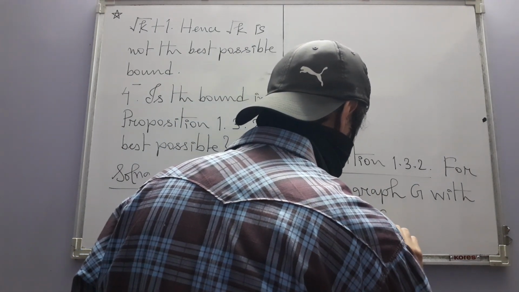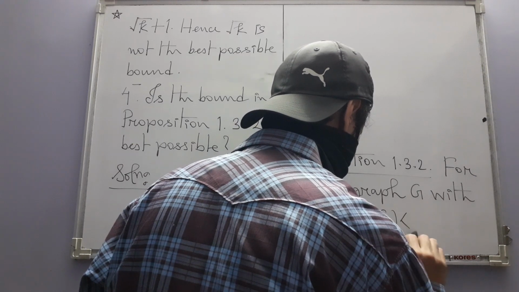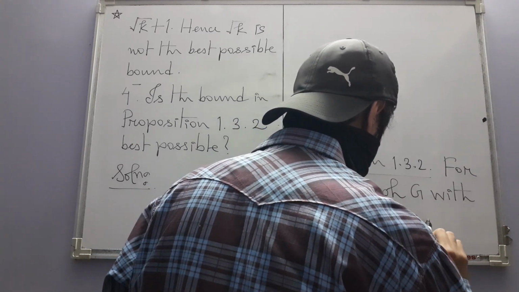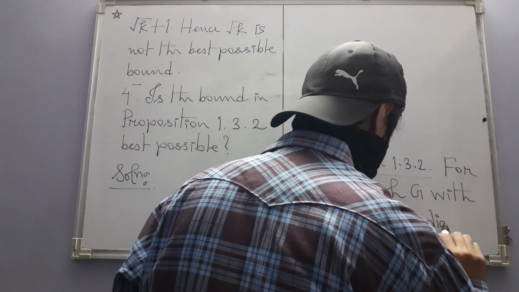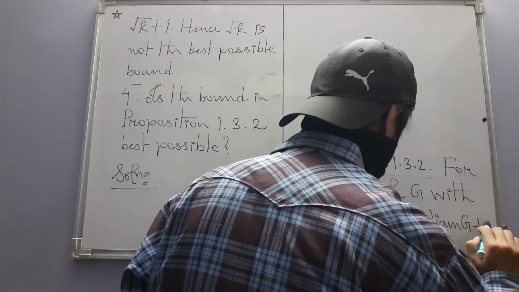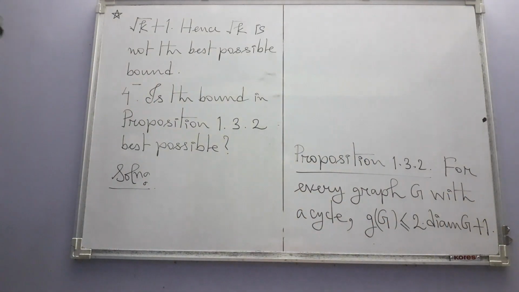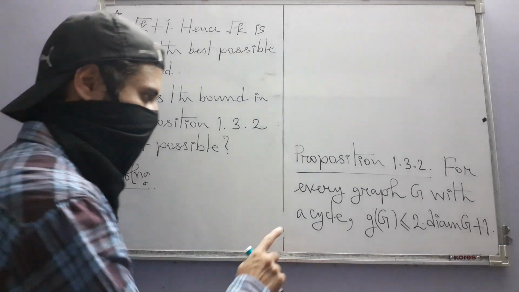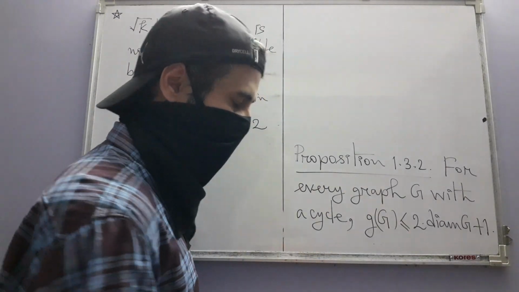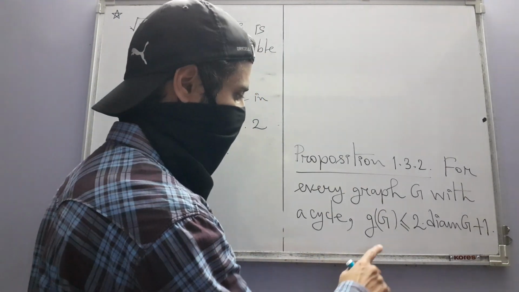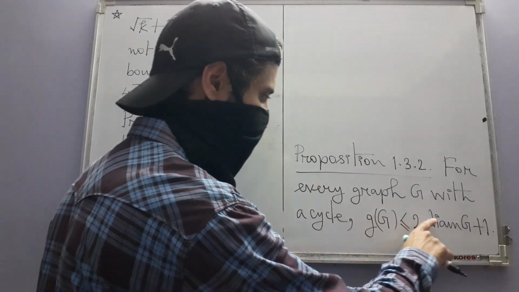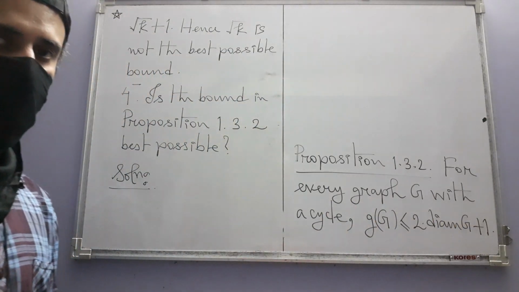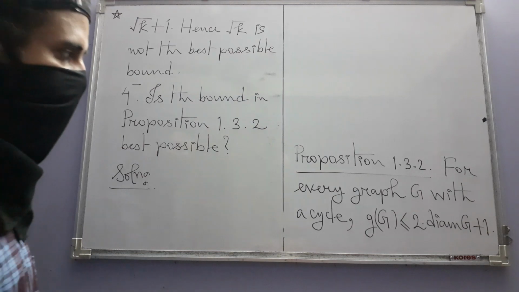The girth of G is at most 2 times the diameter of G plus 1. So for such a graph, which has at least one cycle, the girth cannot exceed this bound, that is 2 times the diameter of G plus 1.